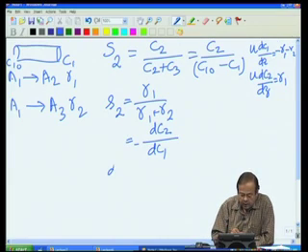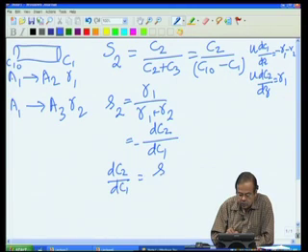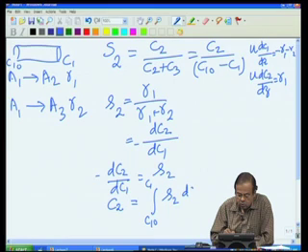So, now I can write that minus dC2 by dC1 is S2, and I can therefore write C2 as the integral from C10 to C1 of minus S2 dC1.